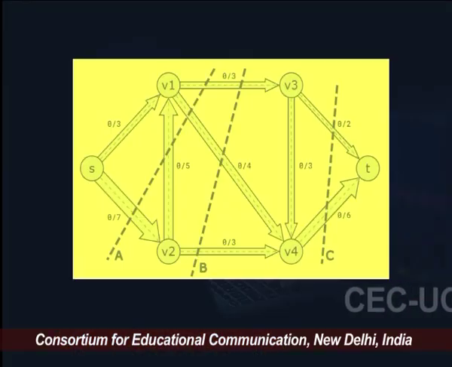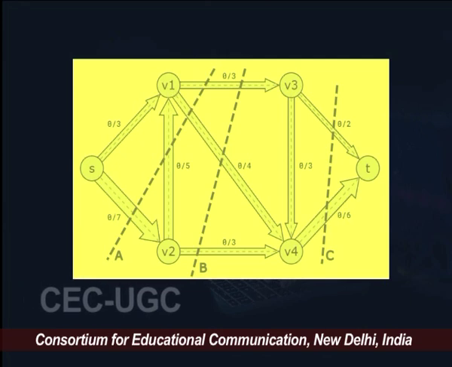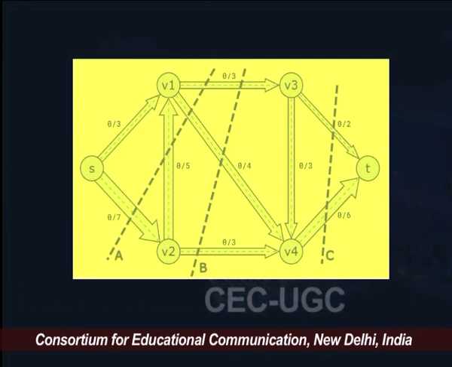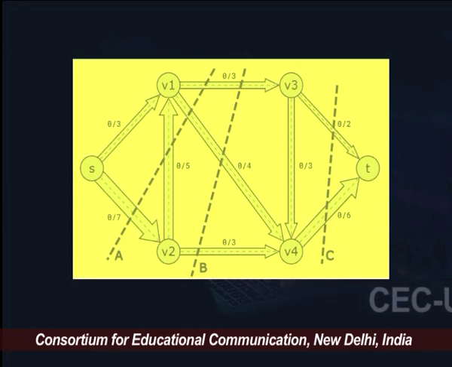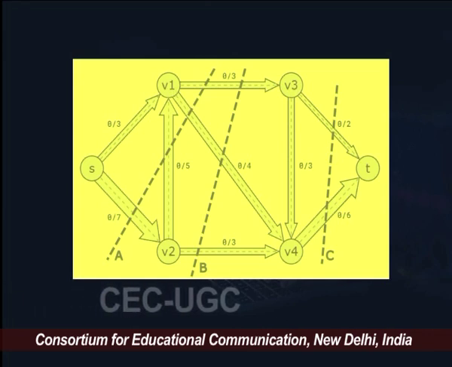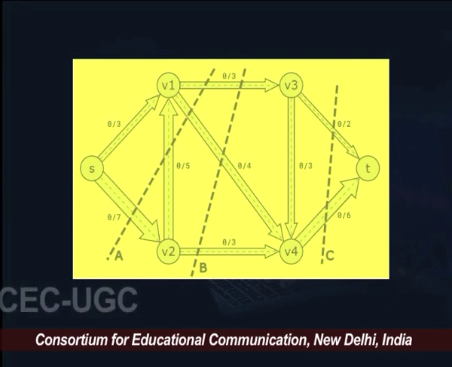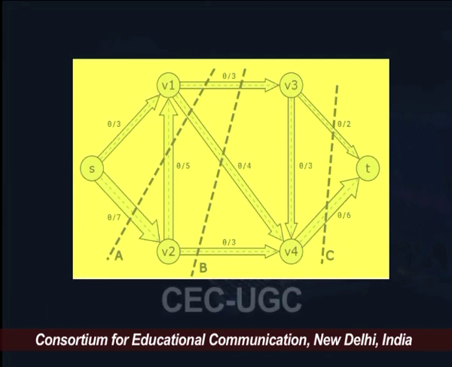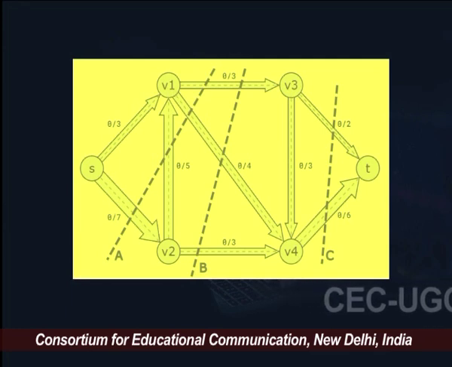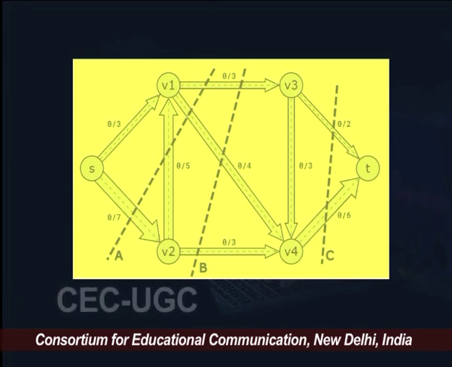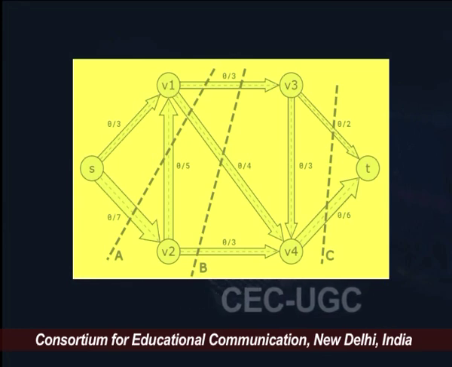Here we have the earlier graph, in which you can see there are 4 vertices other than S and T. The dotted lines here show different cuts. Here we can see 3 cuts. One cut is named A, another one is named B, and the third one is named C. So, for example, initially only the set S was on one side, and all others V1, V2, V3, V4 and T on the other.